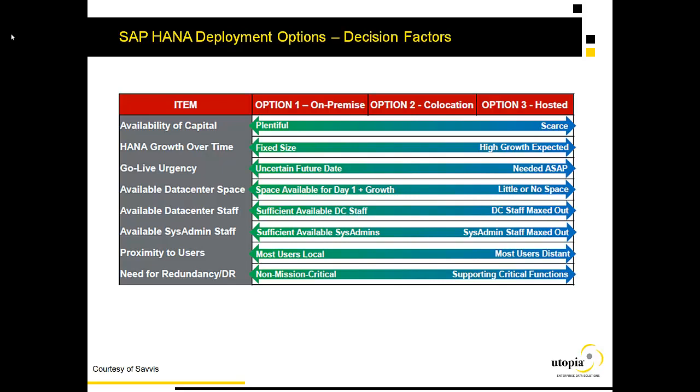I like this one, the proximity to users. If you have a highly distributed BI environment, and BI stands for business intelligence, then you're probably going to start considering how to get all those users connected that are in London, and Houston, and Singapore, in Miami, and Mexico City.